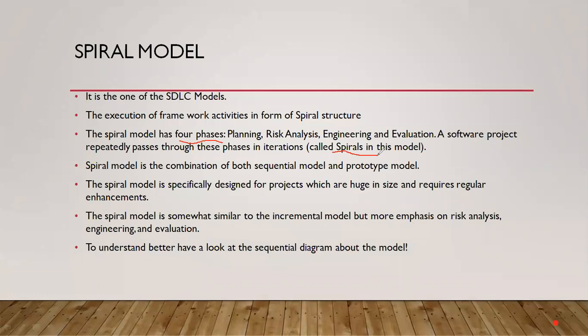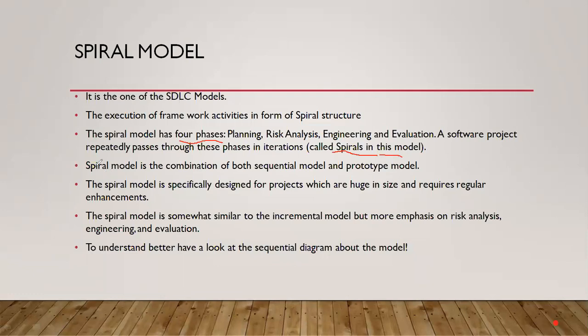The repeated execution of phases is called iterations. If one phase is executed repeatedly, we call that the number of iterations. Those iterations can be represented in the form of a spiral structure, the spiral model. Clear?